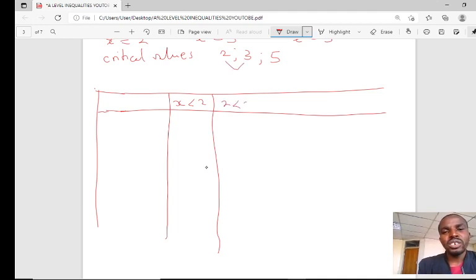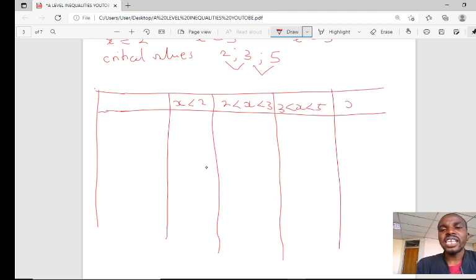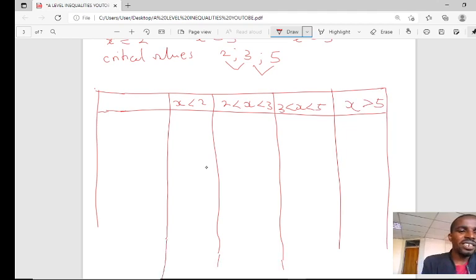X lies between 2 and 3, in that order. Then the third one, x between 3 and 5. X lies between 3 and 5. Then finally, you say x greater than the largest number. In this case, it's 5, like this. Right, then you are done.